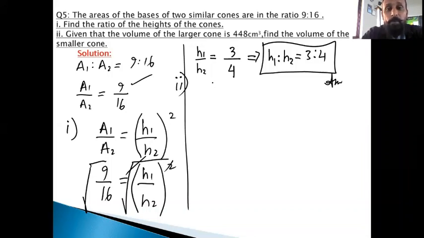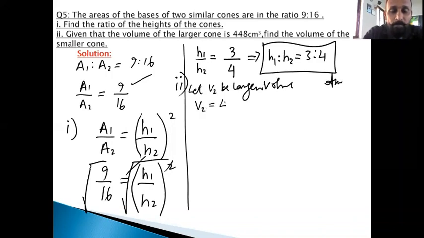So, according to this, if H2 is the bigger height, correspondingly V2 will be the larger volume. So let V2 be the larger volume, which is given to us as 448 cm cube.